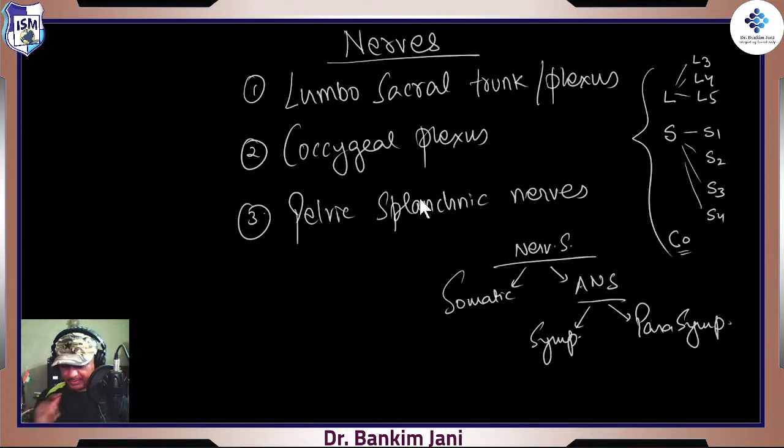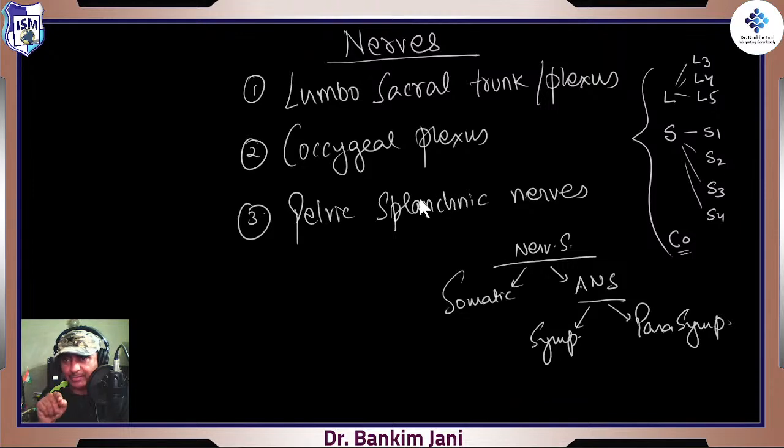Let's do one thing. It might take just 7 minutes extra, but let's draw it, right? So that there is no confusion of what is this white ramus communicants, what is this gray ramus communicants, because otherwise we say that it is carrying preganglionic fibers and we keep on wondering from where it has come, right? Otherwise it is so simple.